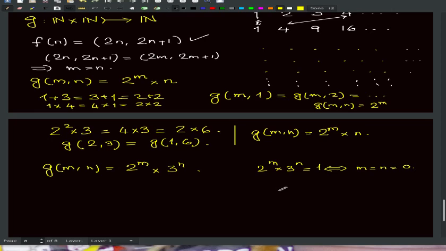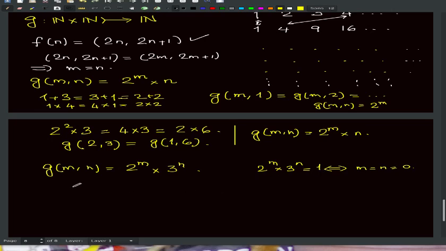There's no other way. The moment m and n are positive, there is a multiple of 2 on one side, so it cannot be 1.